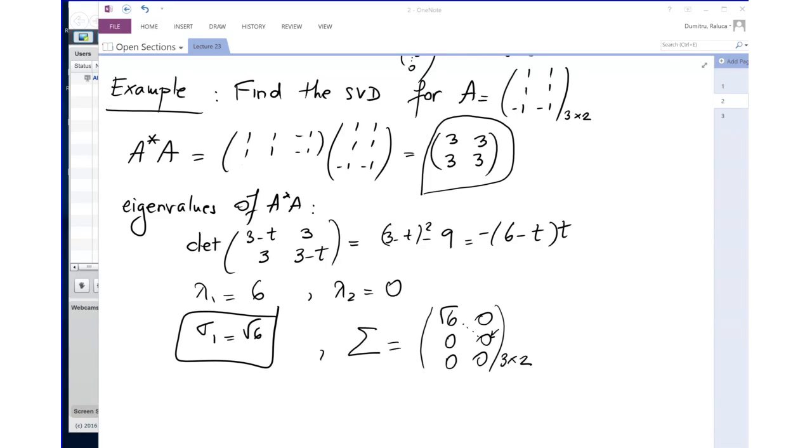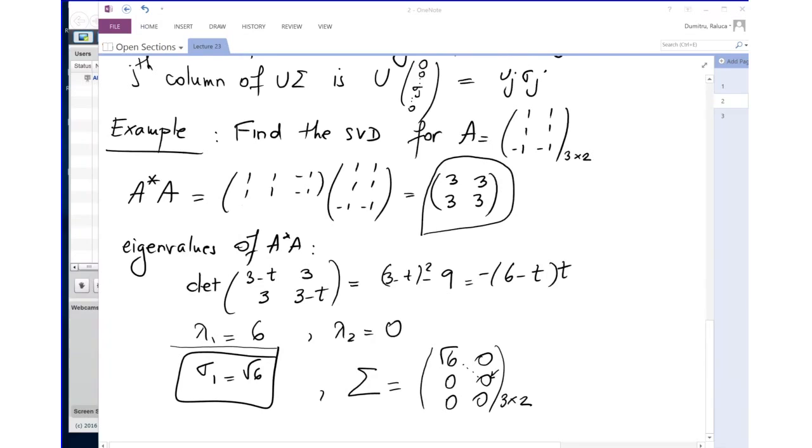Okay, to build the matrices U and V, you need those two bases from the singular value decomposition theorem. The first basis, the V's, you get from those eigenvalues and the corresponding eigenvectors.